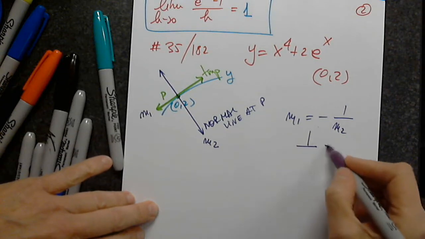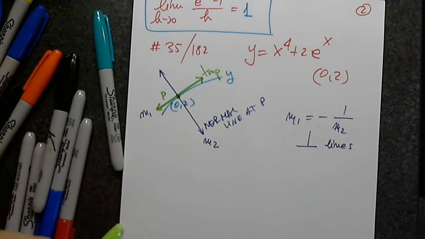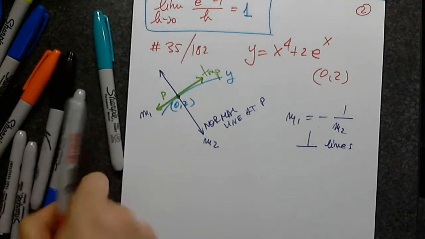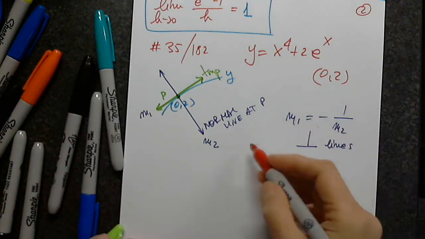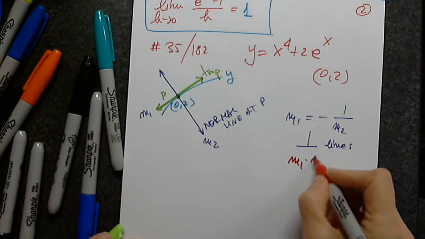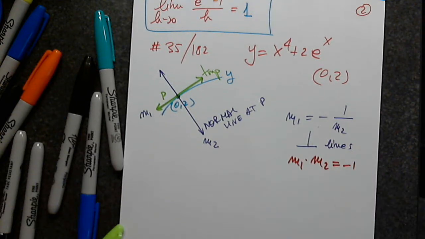So this is for perpendicular lines. I never remember it like that. It's the same thing. I prefer to cross multiply and say m1 times m2 equals negative 1. It's easier for me to remember that the product of the two slopes has to be -1. But it's the same thing as m1 equals -1 over m2.